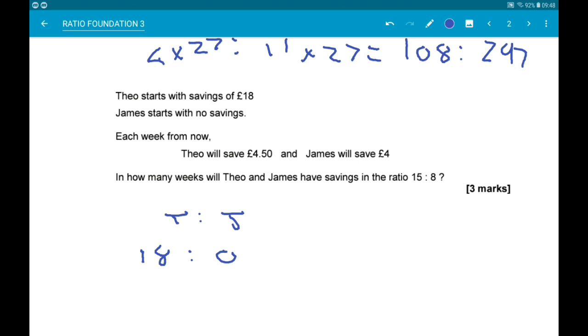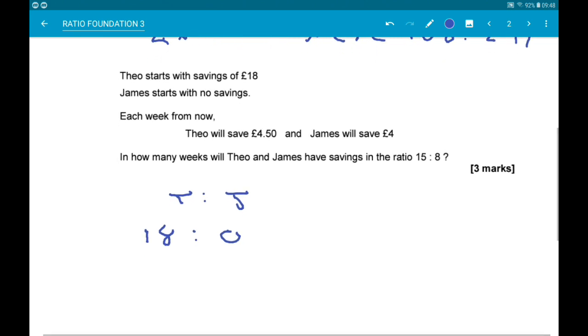So, instead of adding on 1 week at a time, we're going to add on 2 weeks at a time. So we're going to add £9 to Theo and £8 to James. So after 2 weeks, the ratio is going to be 27 to 8. Now that doesn't cancel down.